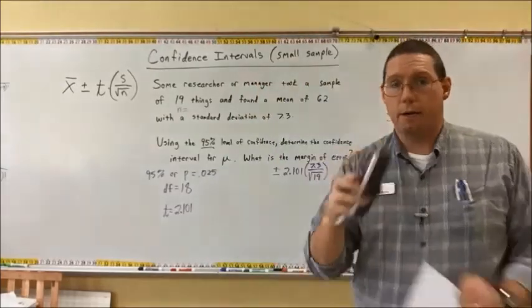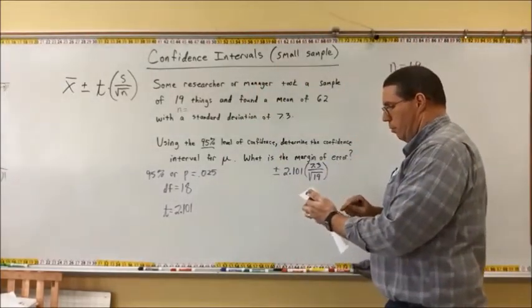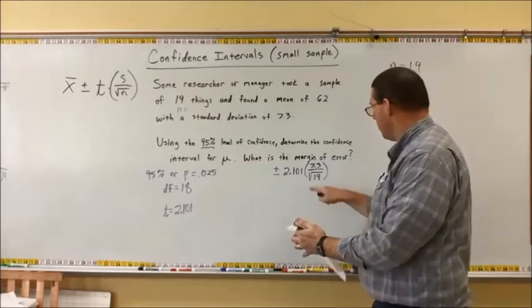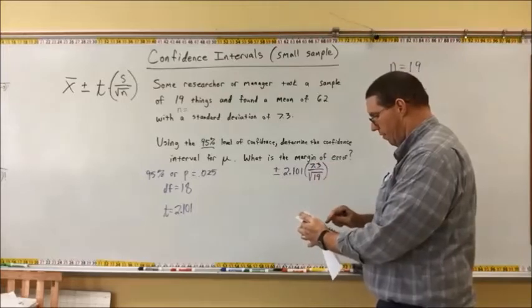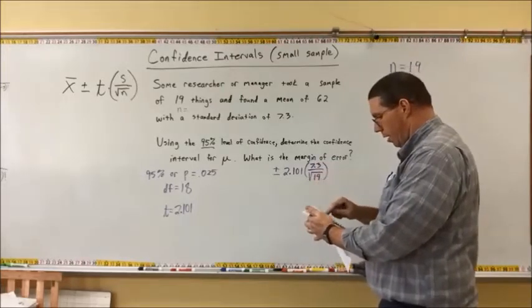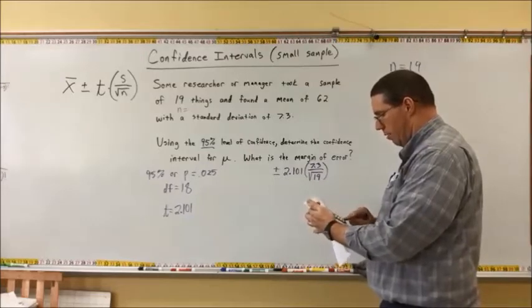So I got a calculator. So we'll do 2.101 times, I'm going to put a parenthesis, then 7.3 divided by the square root of 19. All right, there we go.